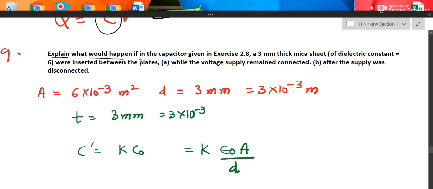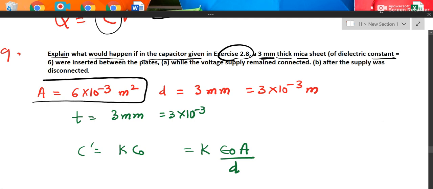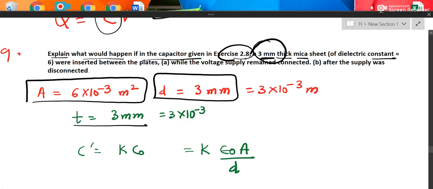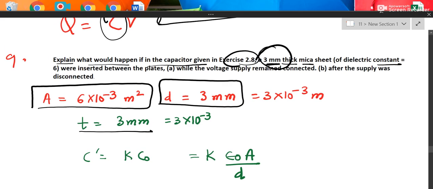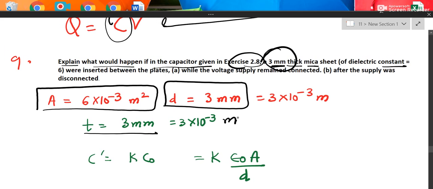Explain what would happen if, in the capacitor given in the above question, we insert a thick mica sheet of 3 mm, of dielectric constant 6. So see, I have noted down the particulars from the previous question, area and distance of separation. Now the thickness is given as 3 mm, which is also converted into meters, and the dielectric constant is given as 6.